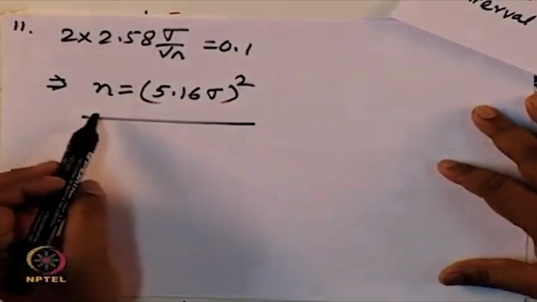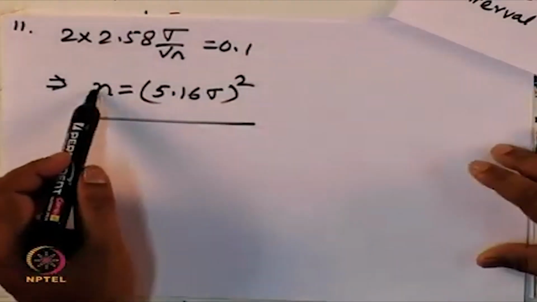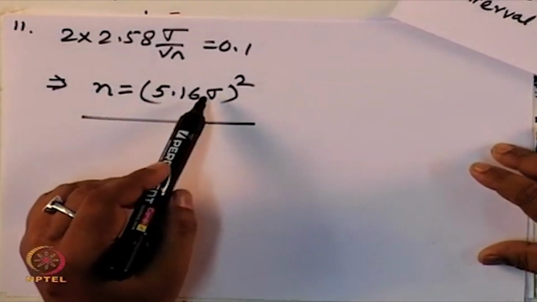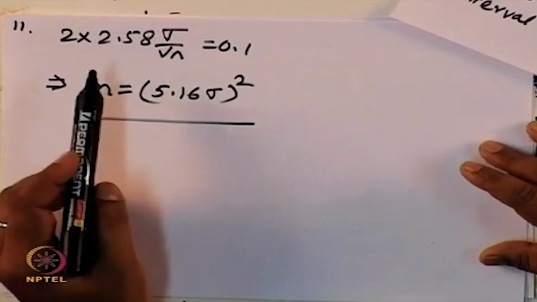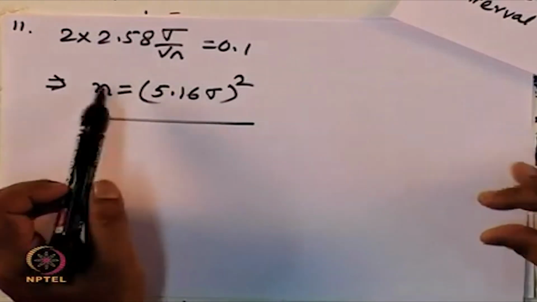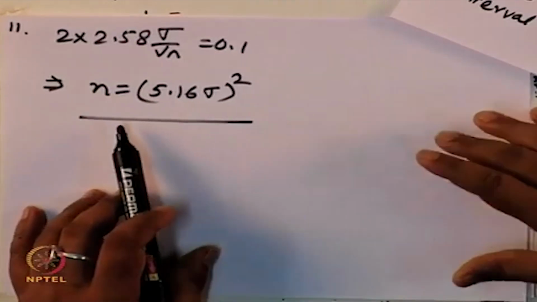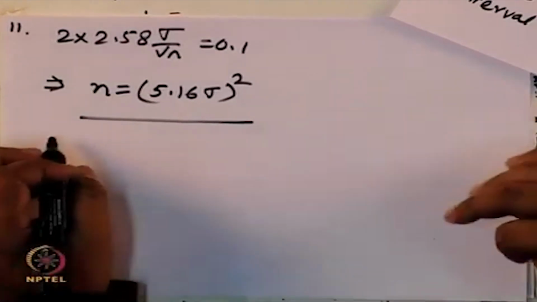So, what you see is that your n has a sigma square dependence. If you want the 99% confidence interval to be a certain range, then your n has to be much larger.